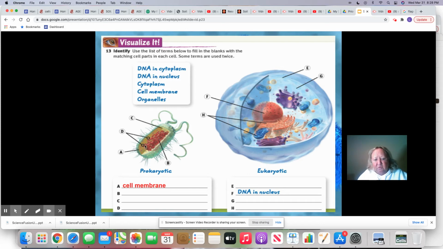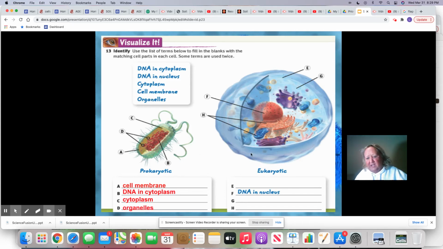Remember, there is no nucleus in this prokaryotic cell, so that would be DNA, and it is in the cytoplasm. Letter C is on this yellowish filling, and that is the cytoplasm. And D points to these little dots, and those would be organelles.